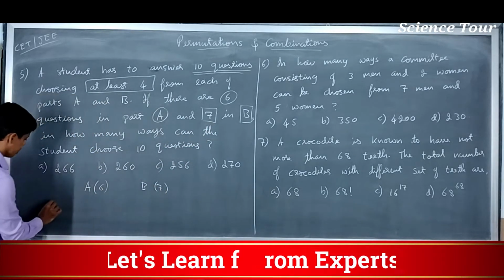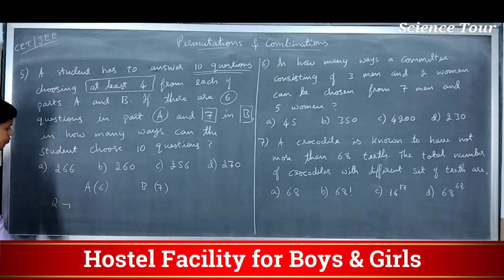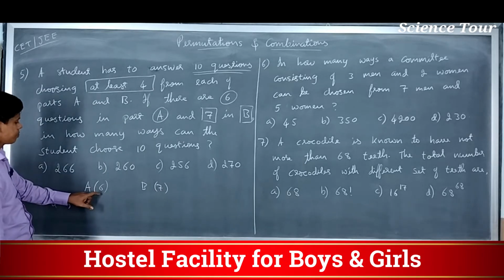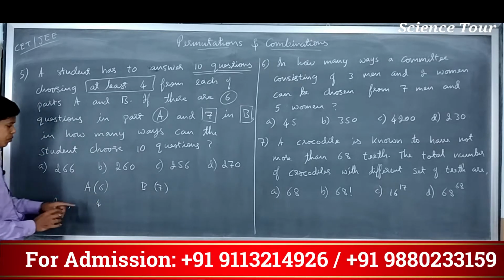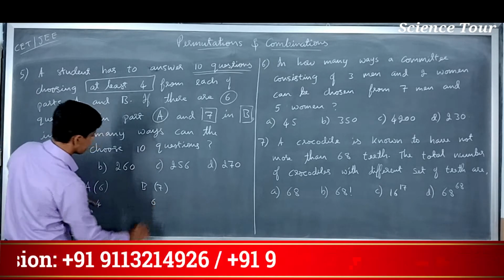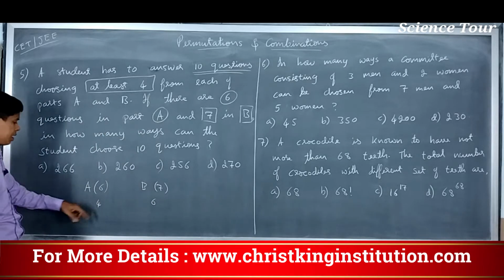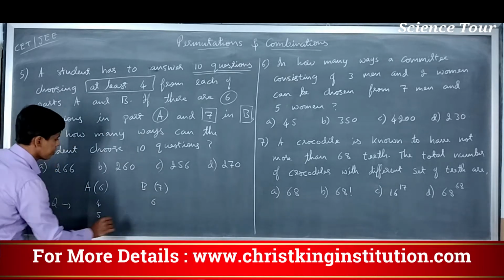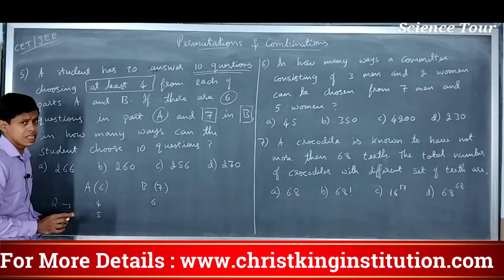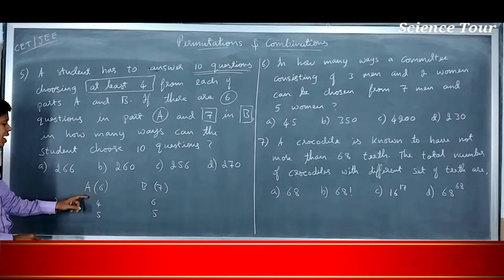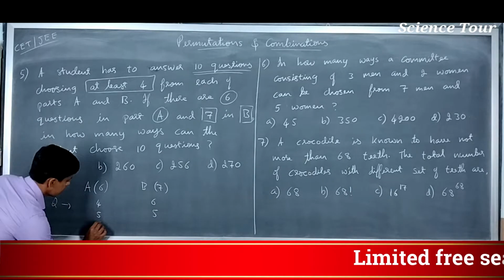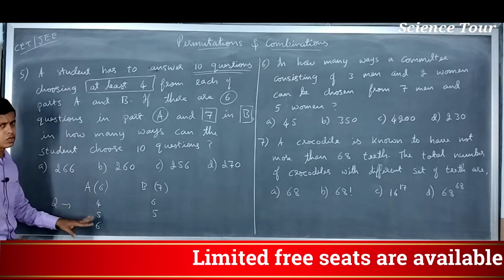So now how many questions can you select? Minimum 4 you have to select, no? So 4 here and you can take 6 from B. Next you can take 5 here. So how many more do you have to select? Totally 10, no? 5. And then you can take 6 at the most. You have only 6, so you cannot take 7.